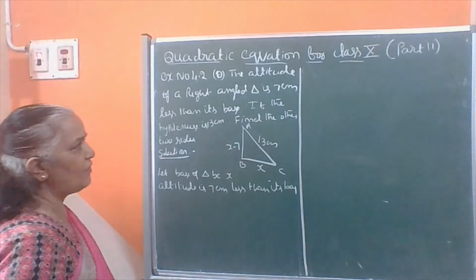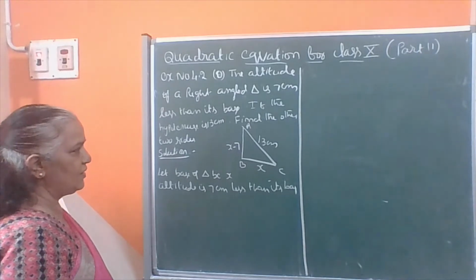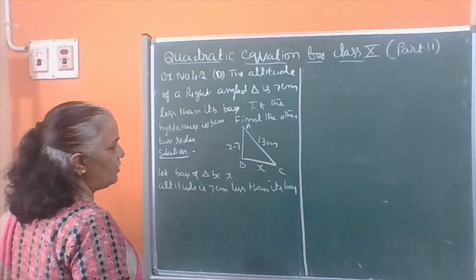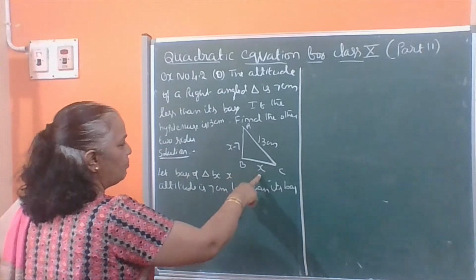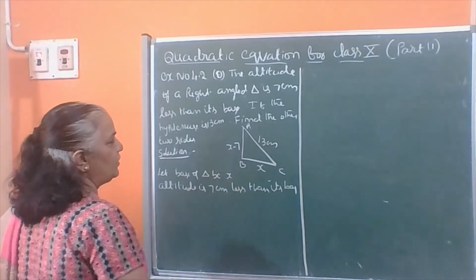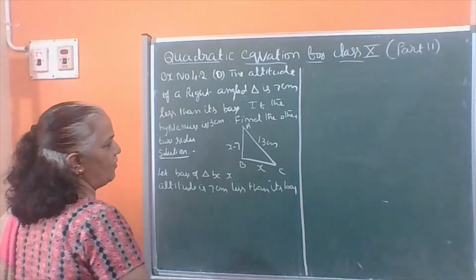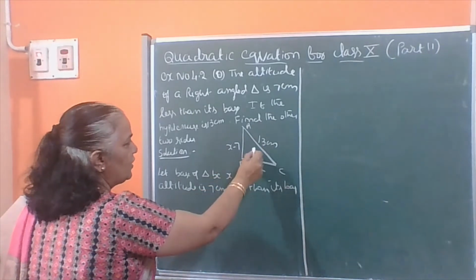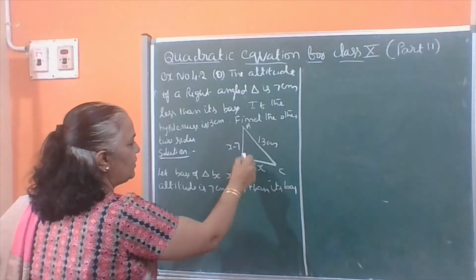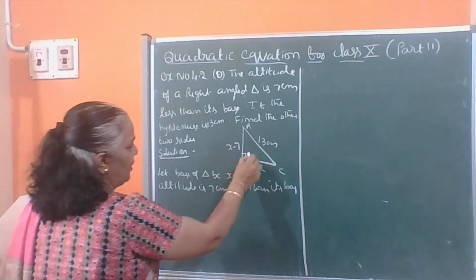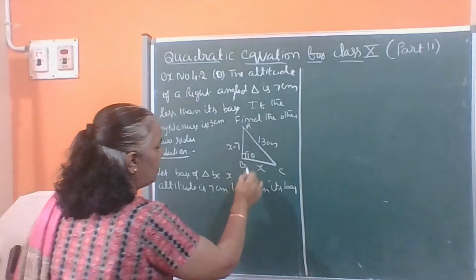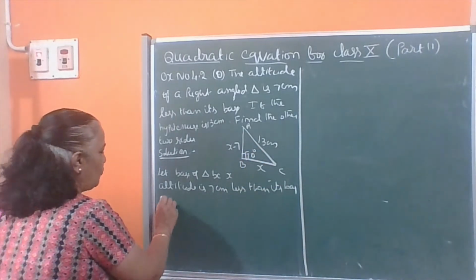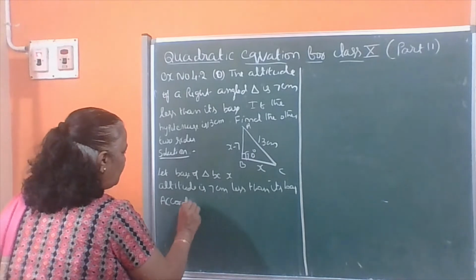And they have given hypotenuse 13 centimeter. Now you know base is x and height is x minus 7, and the hypotenuse is 13 centimeter, and this is 90 degree. The side opposite to 90 degree angle is called the hypotenuse.